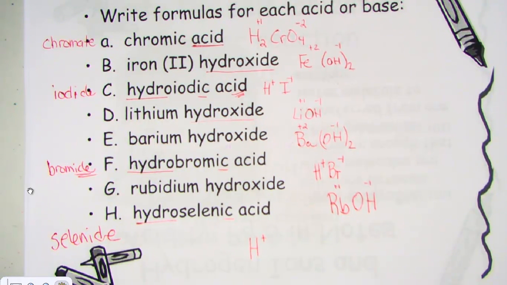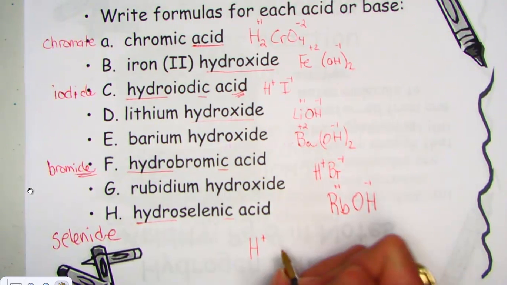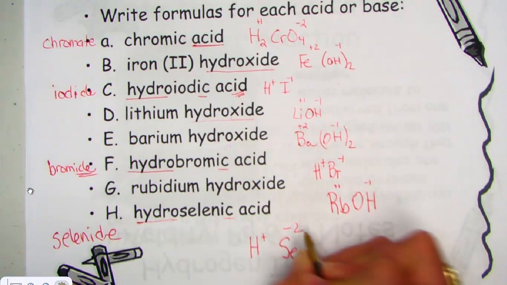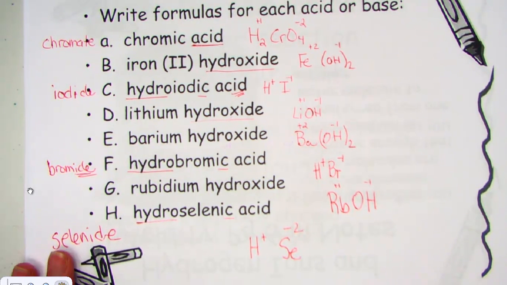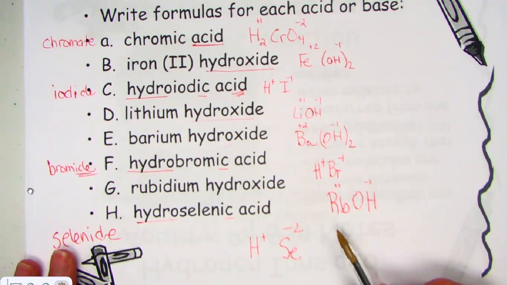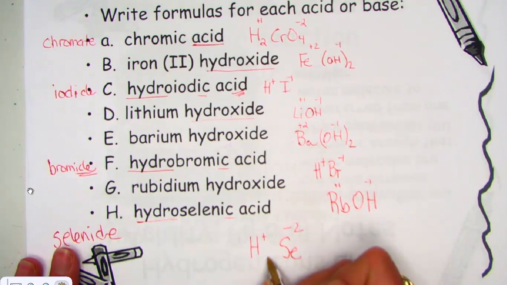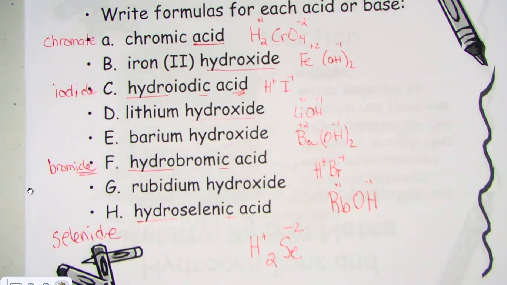Oxide, sulfide, selenide. See the symbol there? Under oxygen is sulfur. Under sulfur is selenium. When named as an ion, it becomes selenide. Its formula is Se, carries a -2 charge in that column of oxygen's family. H2Se, hydroselenic acid.